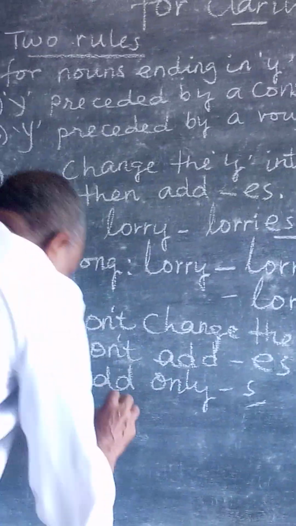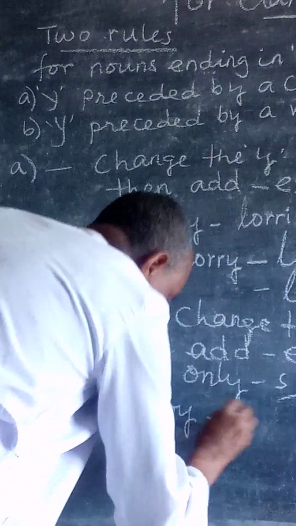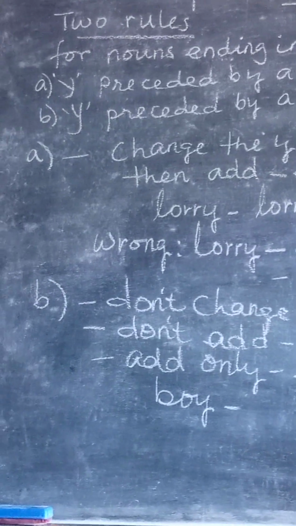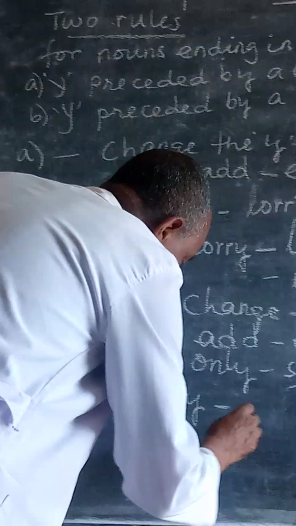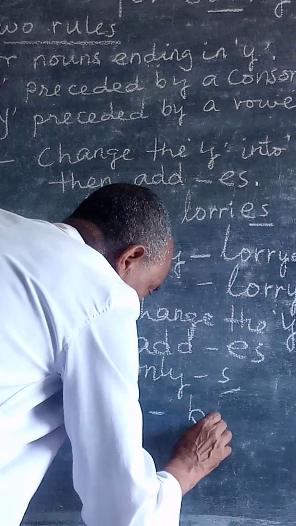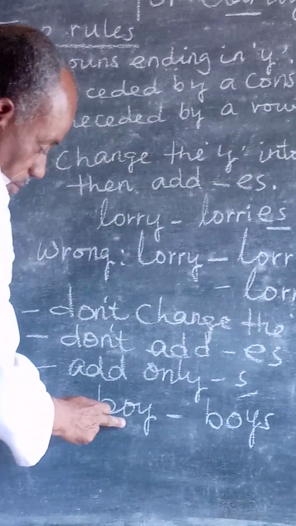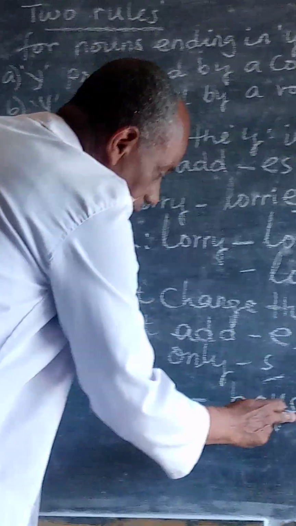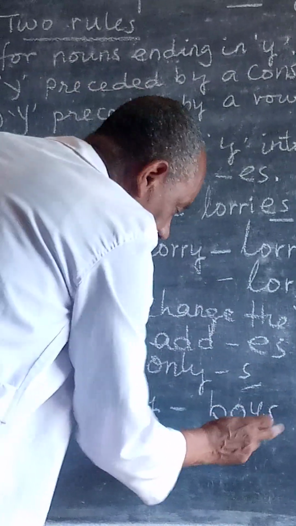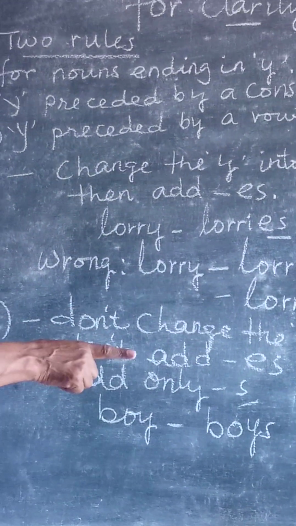For example, boy. If you change the Y, it is wrong. Because the Y is preceded by a vowel, we add only S. Simply add S. Don't change the Y.